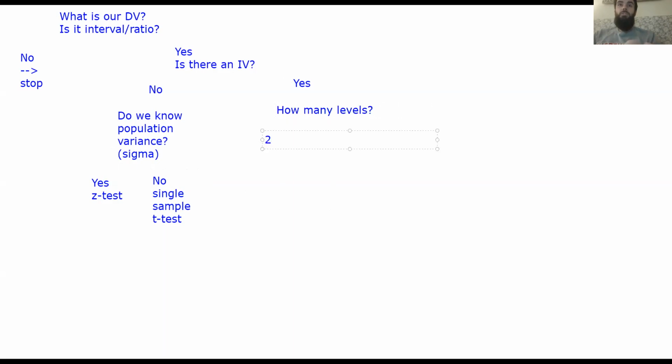If there's 2 levels, it's going to be some flavor of t-test, for which we need to ask, is the experiment between subject? Were people randomly assigned to one group? Were the people in each group different, completely separate people? In which case we would run an independent t-test.